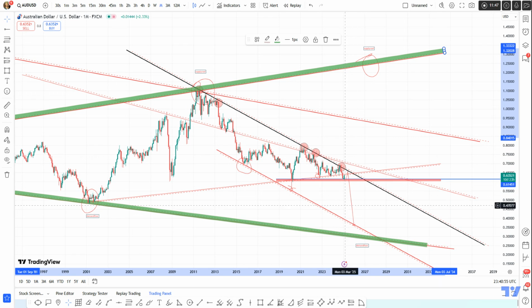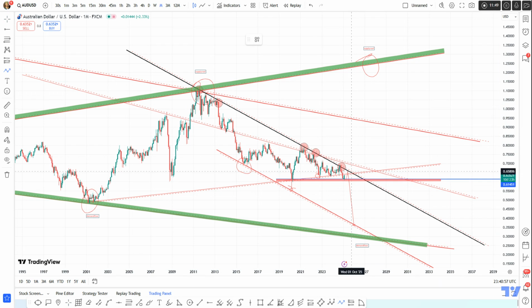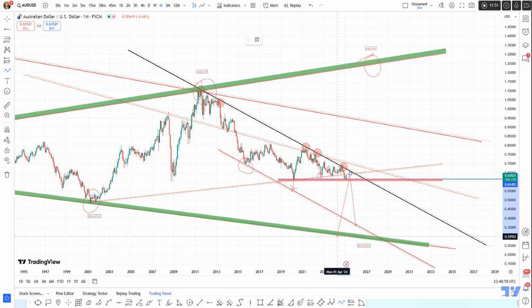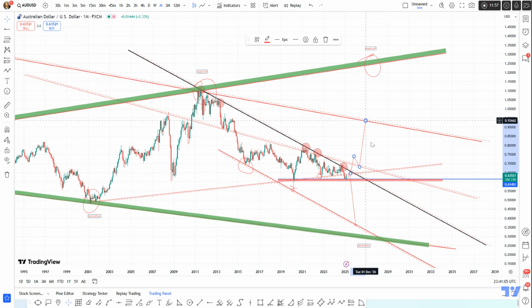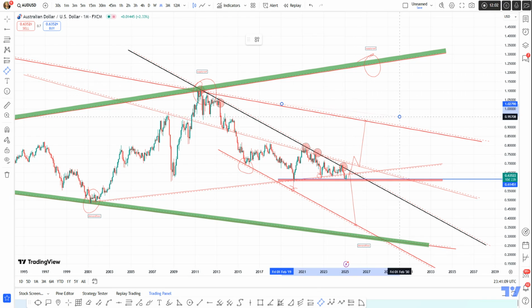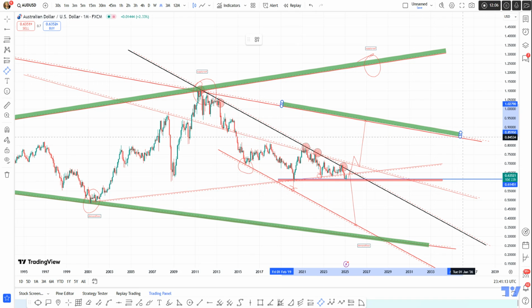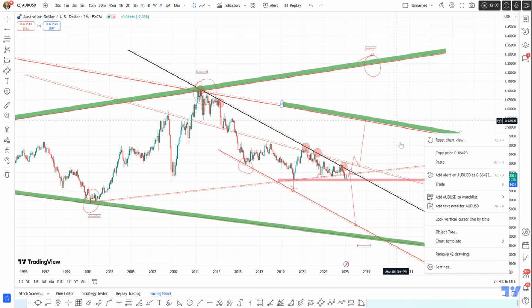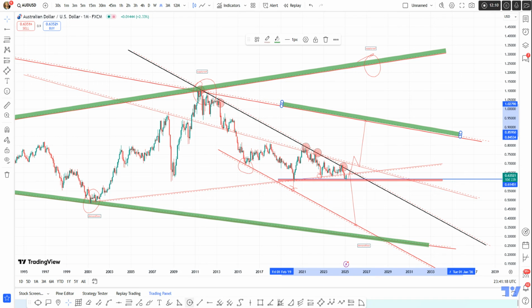If we manage to break out of the descending trend line, that would be a great liberation for Australian dollar, so that price can now go back to test a higher sell zone. And that higher sell zone will be anticipated, and I will be watching from wherever I am.